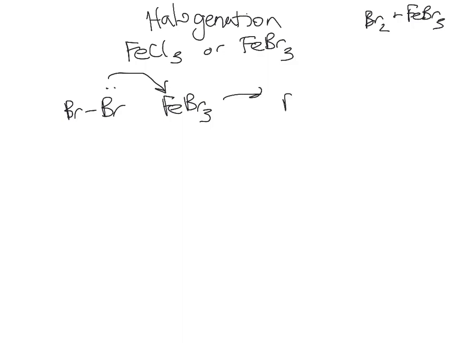So now you have Br, FeBr3, and your FeBr3 is going to have a negative charge. This Br in the middle is going to have a positive charge. So that makes it an electrophile. It's easier to be attracted by the aromatic ring.